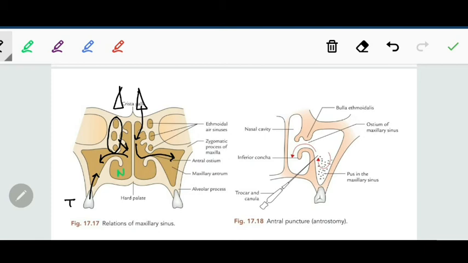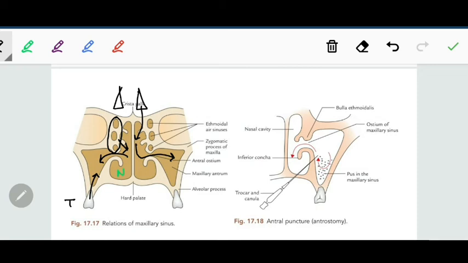Now, maxillary sinus is the deepest sinus. That's why in all types of sinusitis, the maxillary sinus carries the chance of being infected, because it offers the deepest area for the accommodation of the pus.